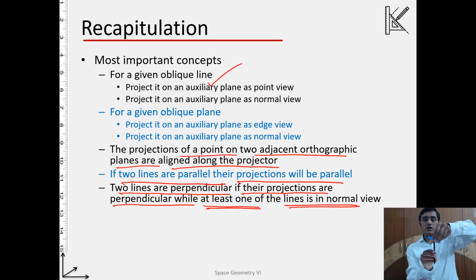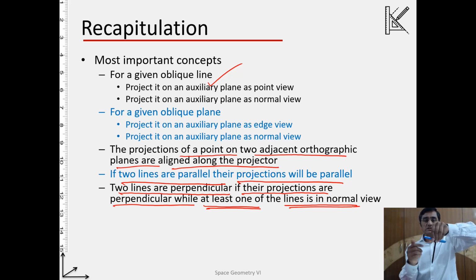If I rotate one of the lines, the top one, still the projection of the blue line and the black line on the frontal will make a 90-degree angle. So at least one line we need as the true projection, as the normal view, while the other line can be a distorted view also.